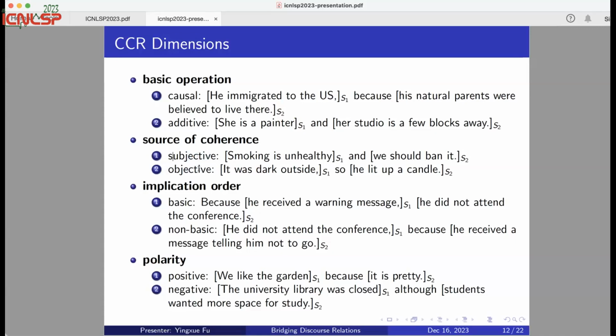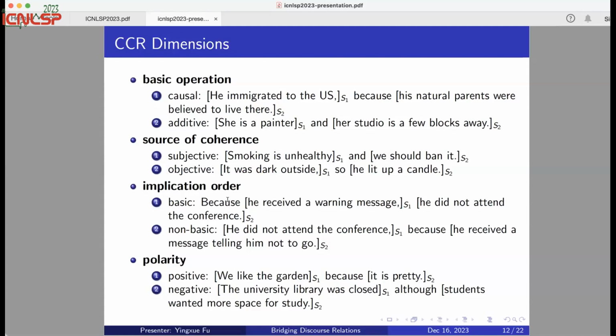An objective relation is one where the propositional content of those two segments makes this relation possible. The two segments form a relation, and this relation is coherent because of world knowledge.